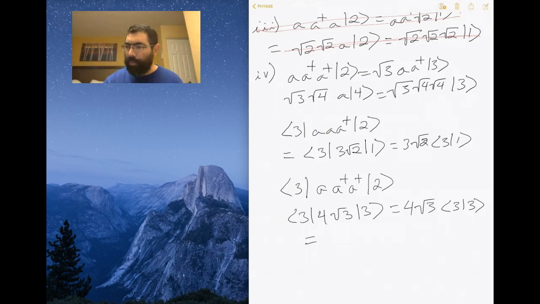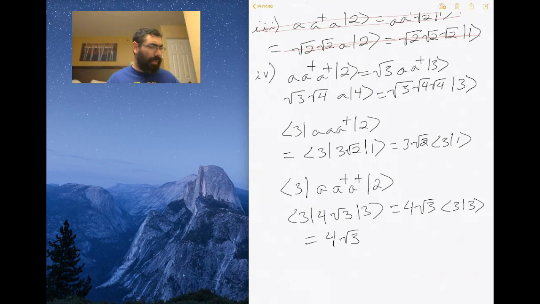And so this is now equal to 4 times the square root of 3. So basically, I'm only going to keep terms that are going to end up in the n equals 3 state. Because when I project it onto the n equals 3 state, I get a 1. If it's any other state, orthogonality says that product is going to be equal to 0.